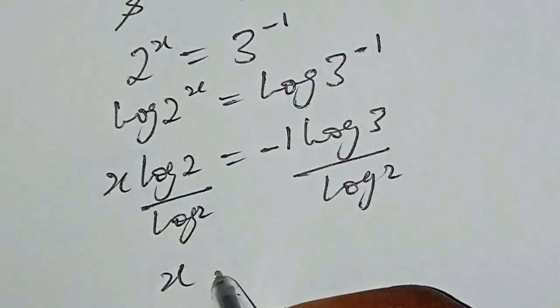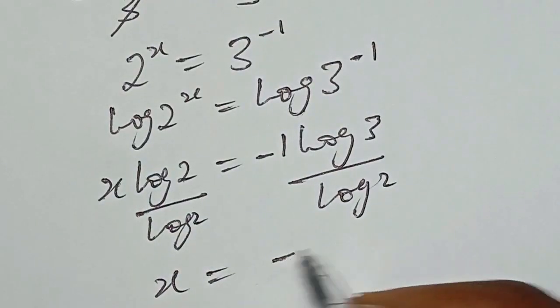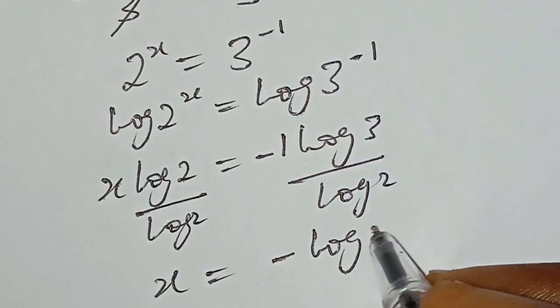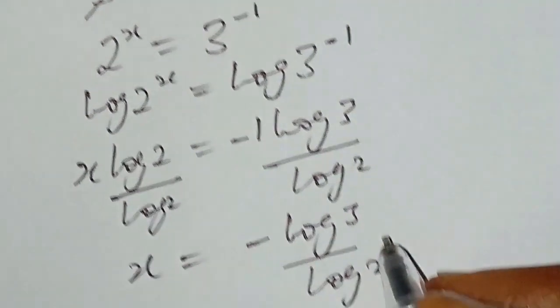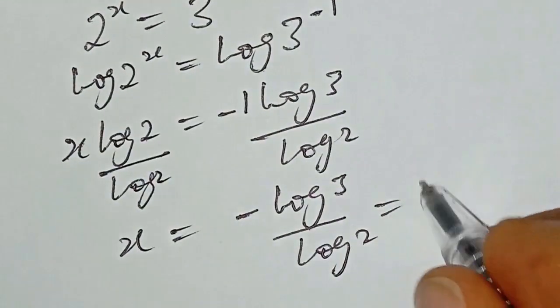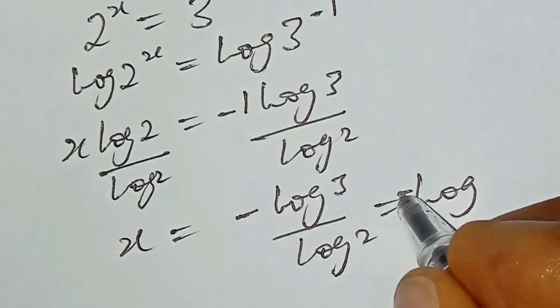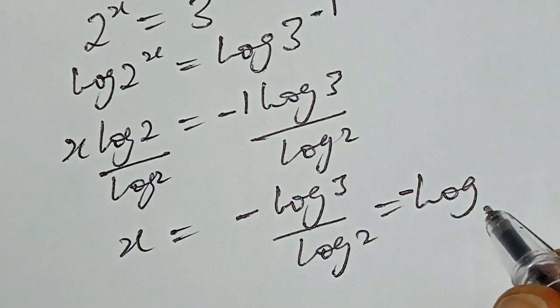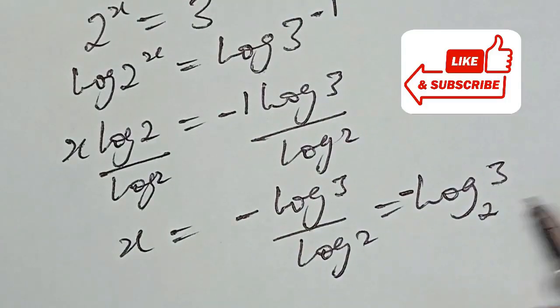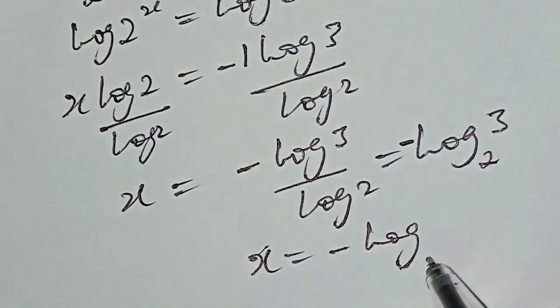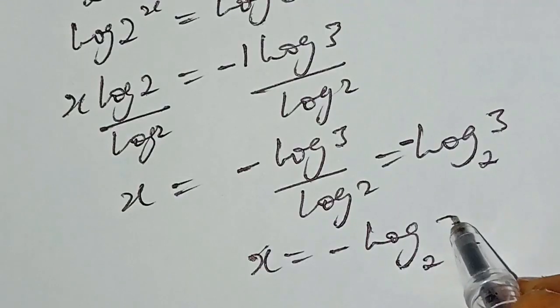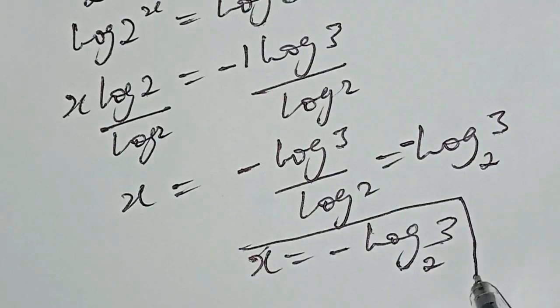So we are left with x equal to minus log 3 over log 2, which is equal to minus log base 2 of 3. It implies that x equal to minus log base 2 of 3 for the second method.